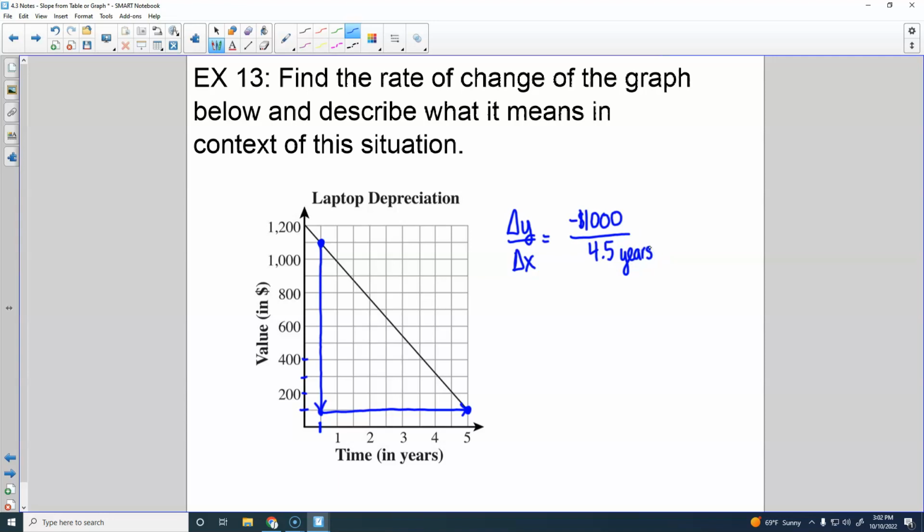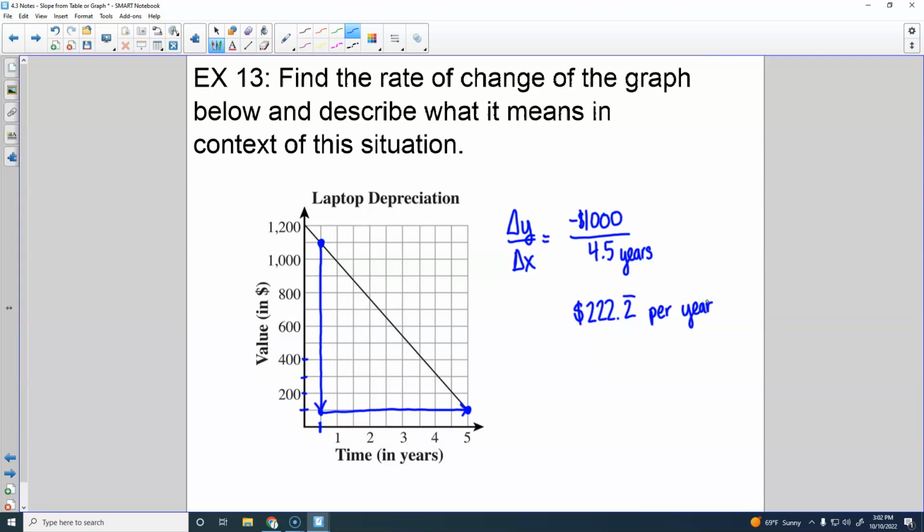And the application problems, I will let you use a calculator for. So if you take 1,000 divided by 4.5, 222.2 repeating. All right, so we got 222.2 repeating dollars per year.